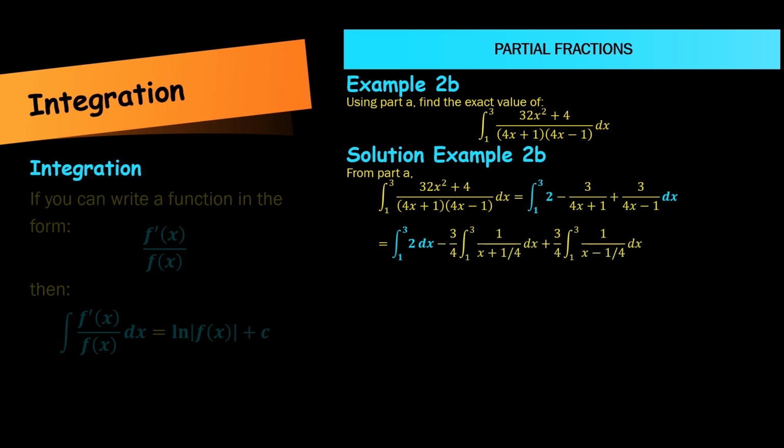The integral of 2 dx between the limits 1 and 3, minus 3 over 4 times the integral of 1 over x plus 1 over 4, plus 3 over 4 times the integral of 1 over x minus 1 over 4.